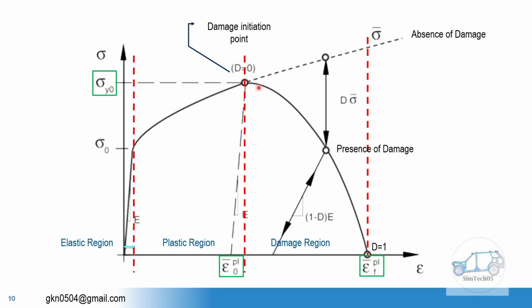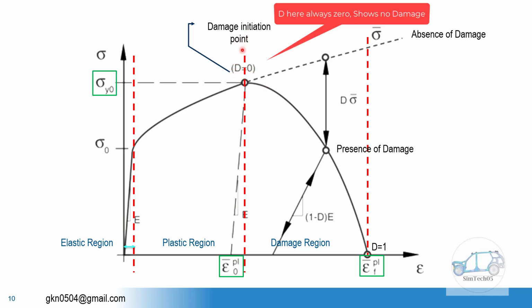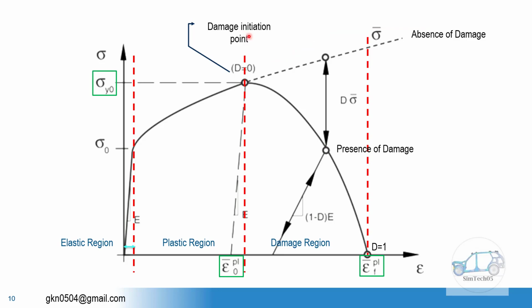Apart from the damage material model, we must define the damage evolution parameter. Here, the damage parameter D at the damage initiation point is 0. That is, it is 0 at the beginning of the crack, or we can say at the nucleation of the crack.